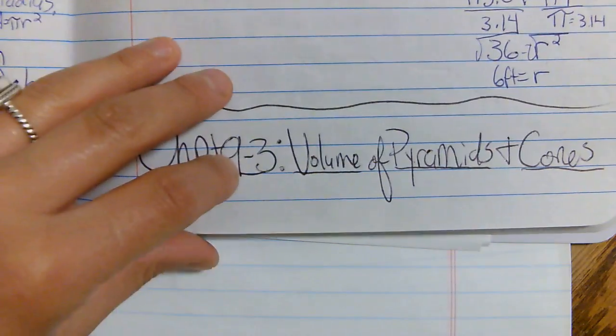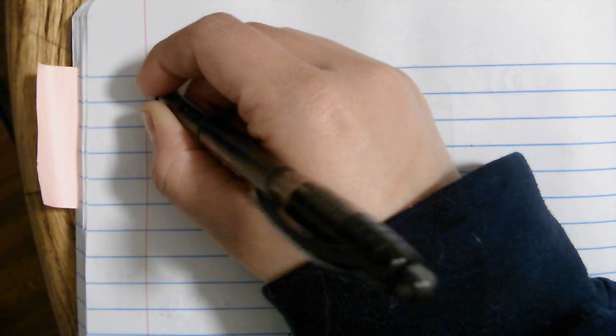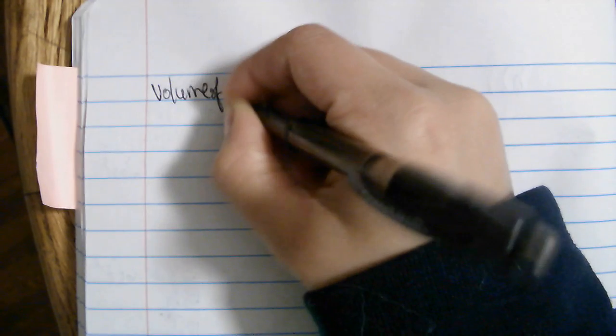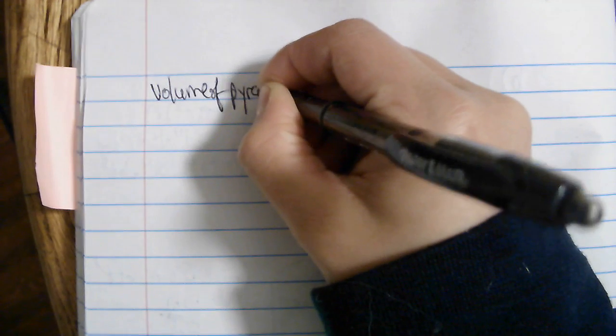Alright, so I need some space. I'm going to pop up over here. And before I get started on any actual problems, I'm going to write out the formula for the volume of a pyramid. And this is going to work for any pyramid, but we're mainly going to be dealing with square pyramids.